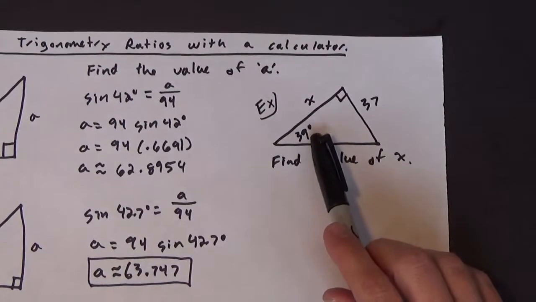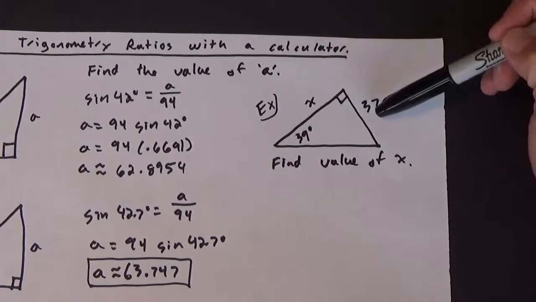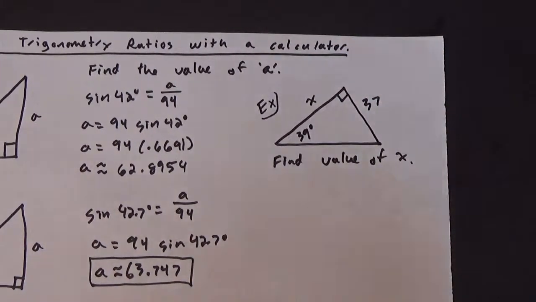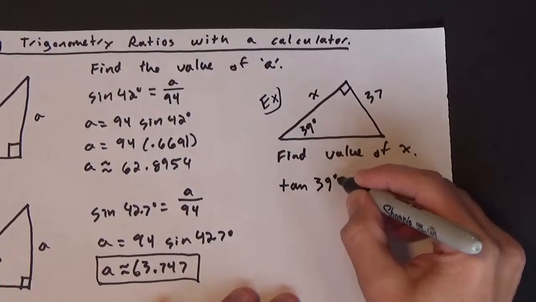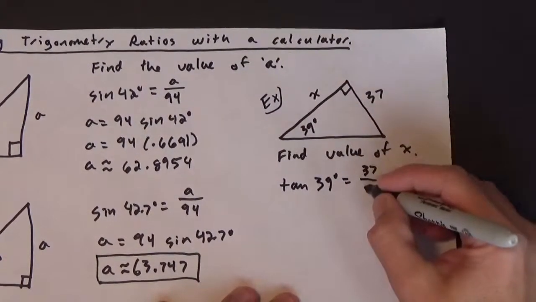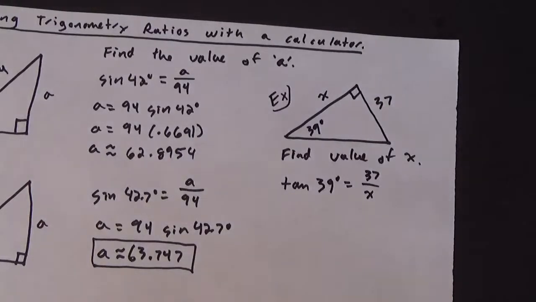Here is our 39 degrees, this is adjacent, this is opposite. Opposite and adjacent, that's the tangent ratio. So the tangent of 39 degrees is the opposite, 37, over the adjacent, x. There's our setup.